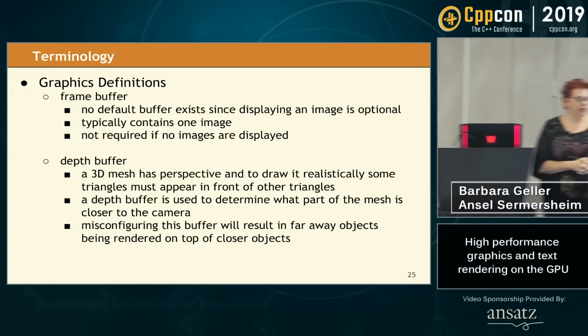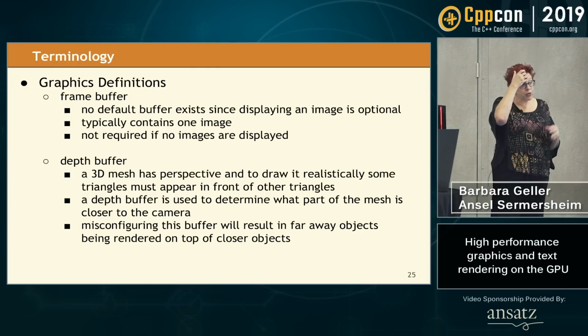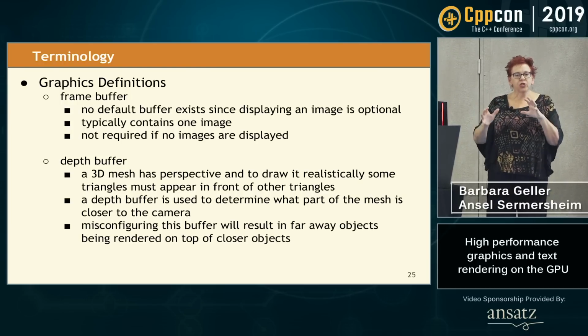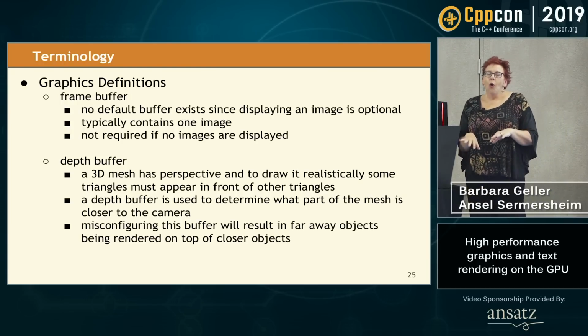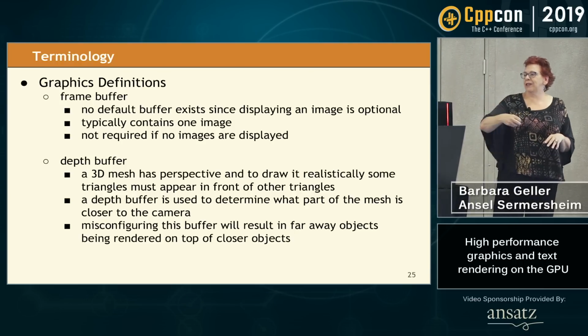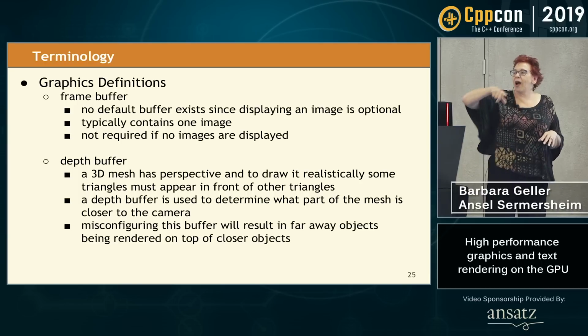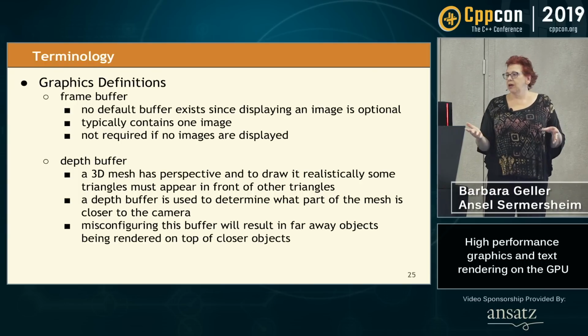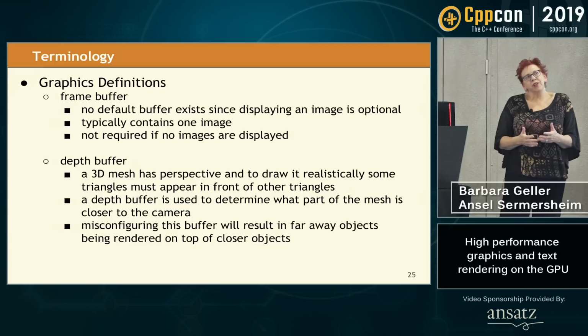There's also a depth buffer. And this is where we get the perspective. So when you saw the pot and we rotated it, you could see what was going on and see the inside. What was really complicated for us is when we first did the mesh for the pot, we only put one handle on it. So we could rotate it around, so we wanted to see the handle spinning around. And that didn't work. And in fact, every time we rendered it, it was different.